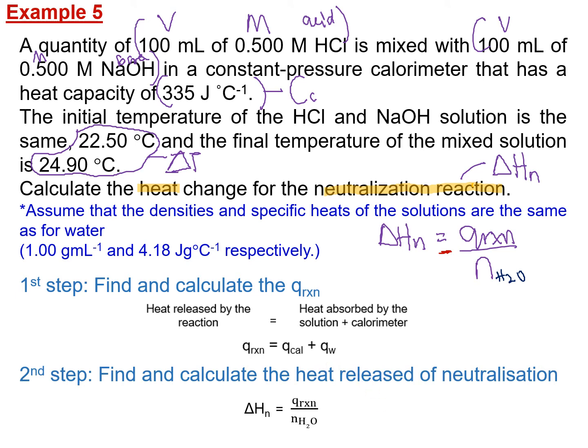So, what is the formula heat absorbed by calorimeter? In this case, sebab soalan ni dia tak mention langsung pasal mass of calorimeter ataupun specific capacity, dia mention pasal heat capacity.